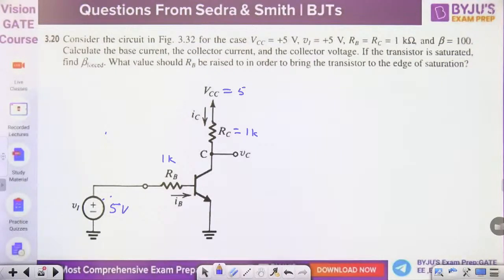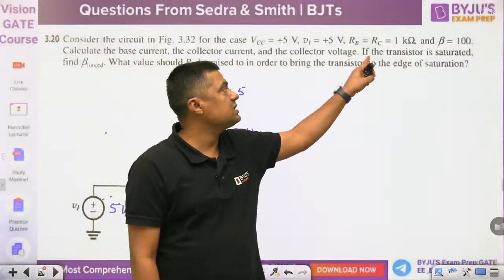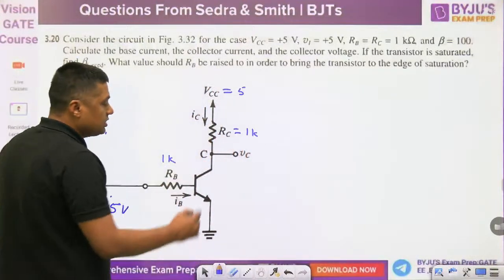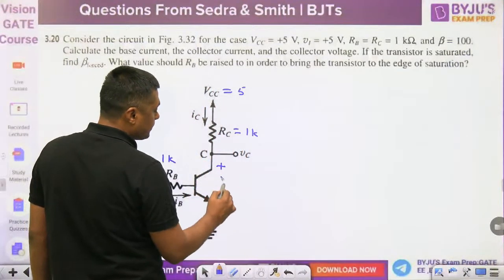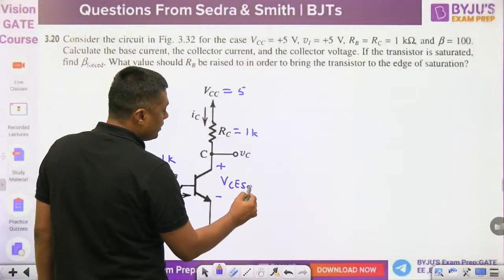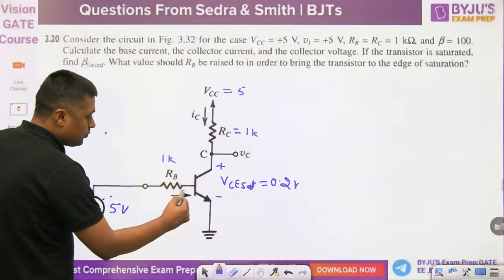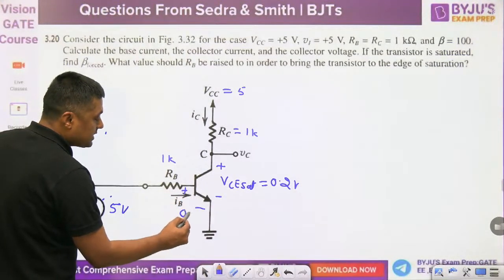If the transistor is saturated, that is important. Remember, if the transistor is in saturation, this voltage VCE sat is fixed at 0.2 volt, and VBE is fixed at 0.7 volt.